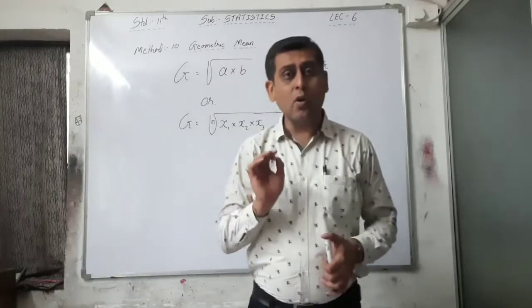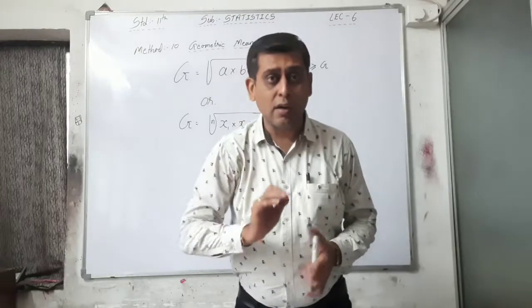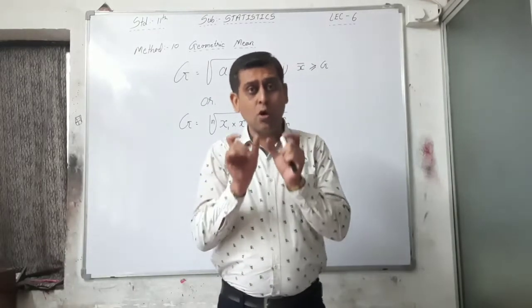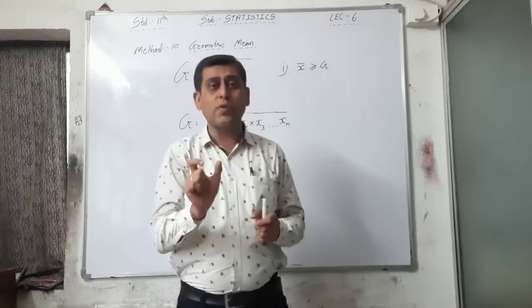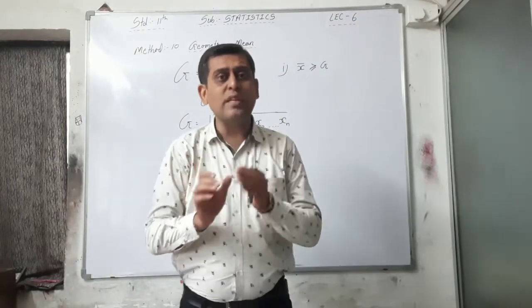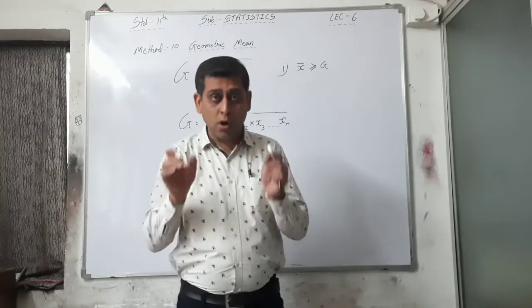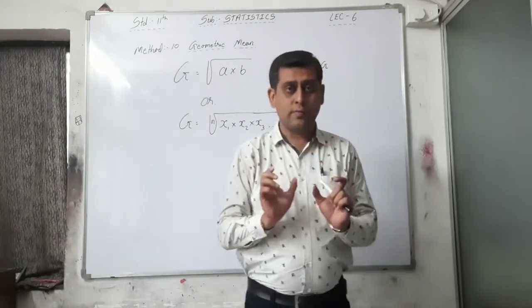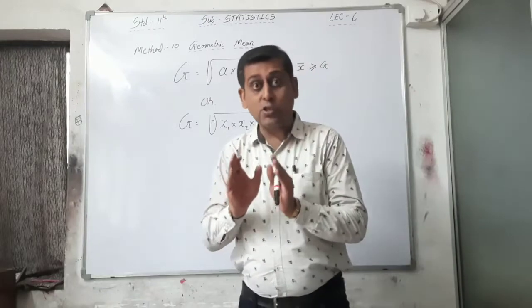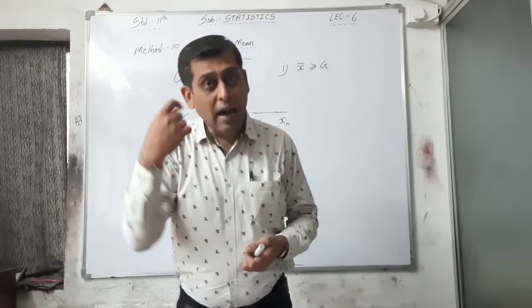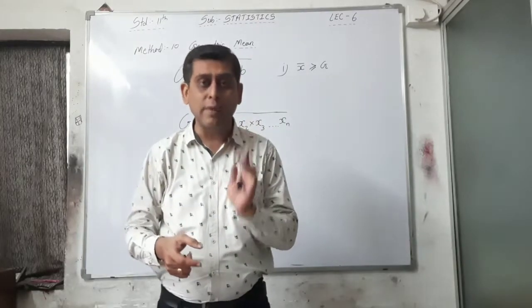Any time you take any observations and find both the arithmetic mean and the geometric mean for the same observations, the arithmetic mean is always higher, the geometric mean is always lower, or they are equal, right? Not more than. Geometric mean is never higher than its arithmetic mean.